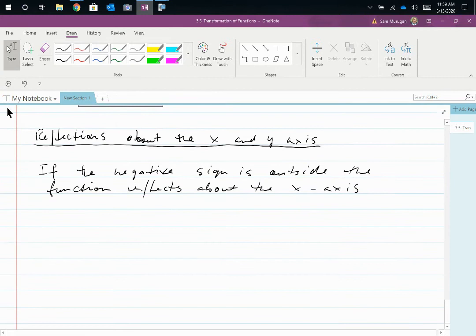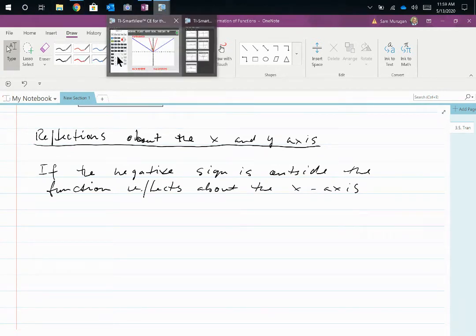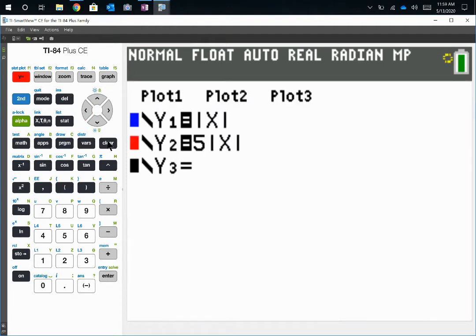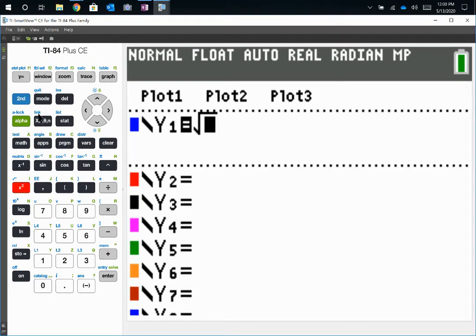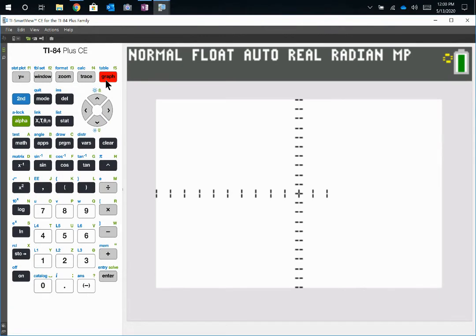So one perfect way to see this is if we graph, say, this square root function. It's kind of difficult to see reflections on the y-axis with the square graph. So if we graph the square root function, we know it looks like this.